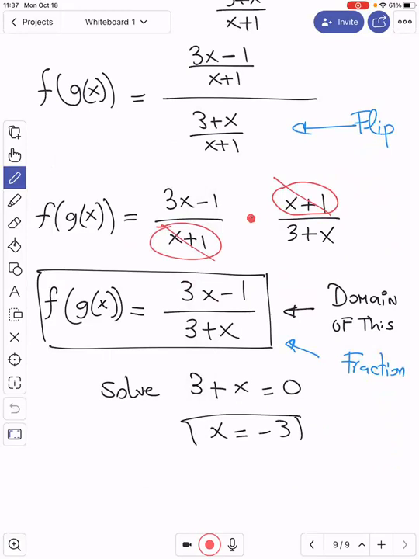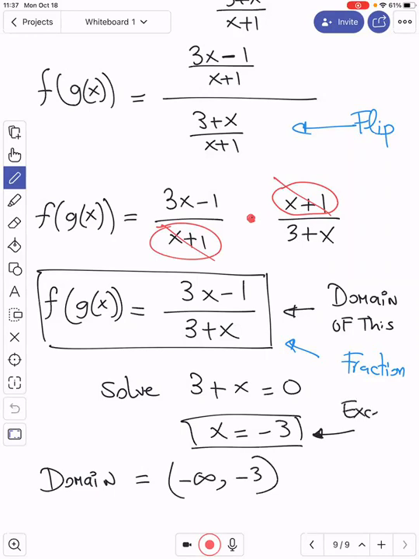So the domain of this simplified f of g of x is any number except -3. That will be negative infinity to -3, excluded, union -3, excluded, to positive infinity.